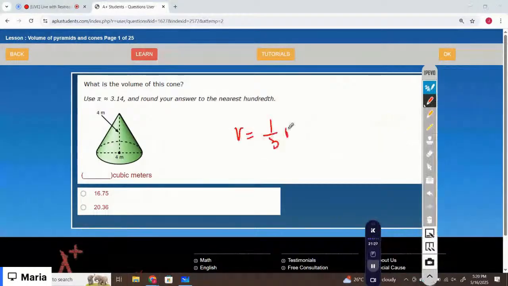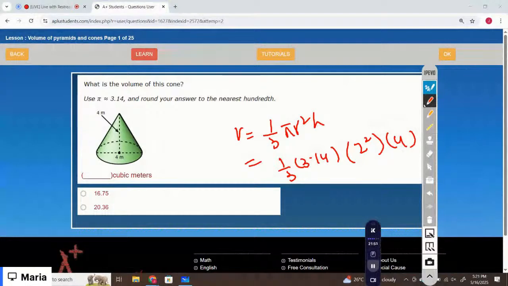V equals 1 by 3 pi r square h. So that is 1 by 3, 3.14, r square is 4 times 4. So let me just do the calculations. That would be 4 times 4 is 16 times 3.14, 50.24 divided by 3.